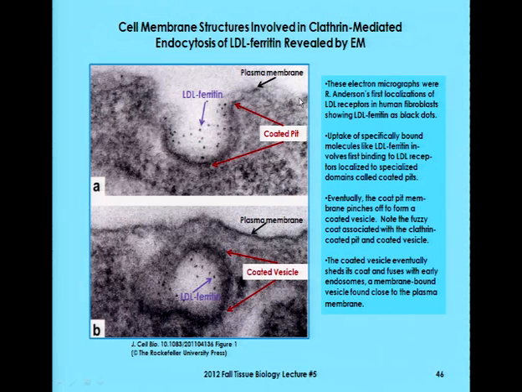So here is the outer region of the plasma membrane, and this indentation here represents the coated pit. And the ferritin-tagged LDL is concentrated in this region because the receptors for LDL are concentrated in this region.